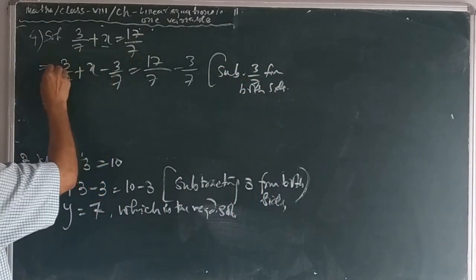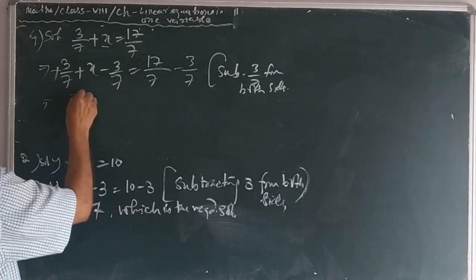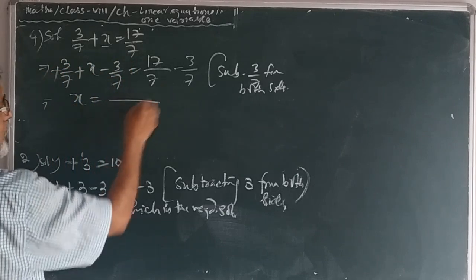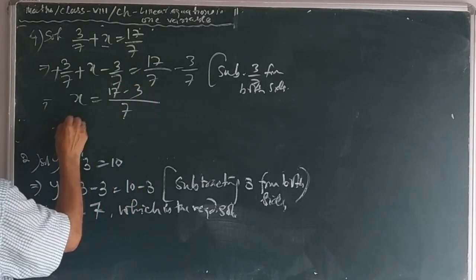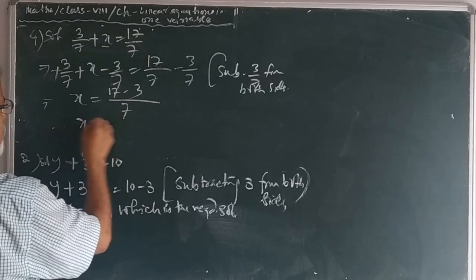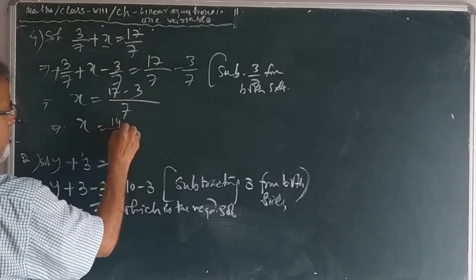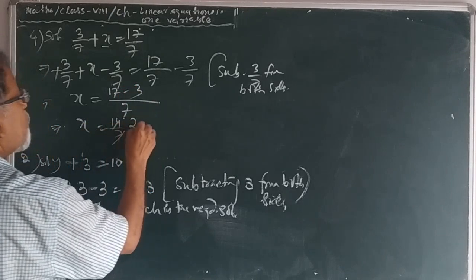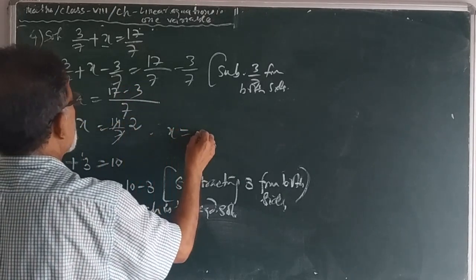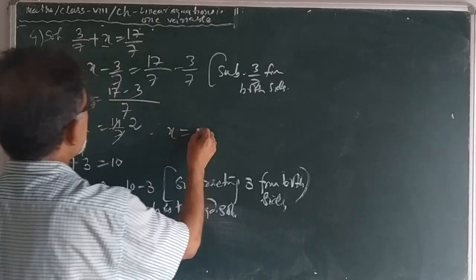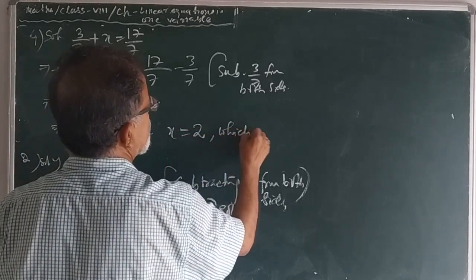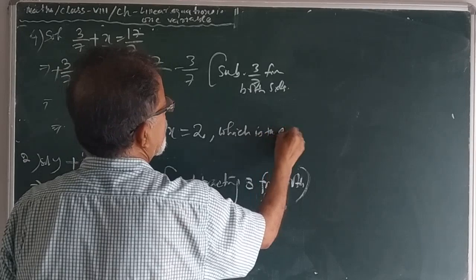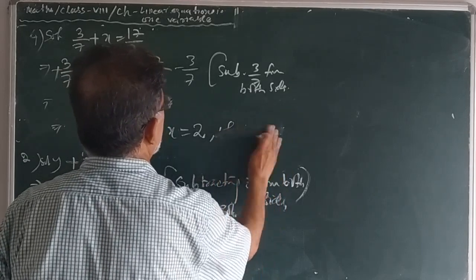This 3 by 7 plus and minus is 0, therefore x equal to 17 minus 3 over 7, which implies x equal to 14 by 7, therefore x equal to 2, which is the required solution.